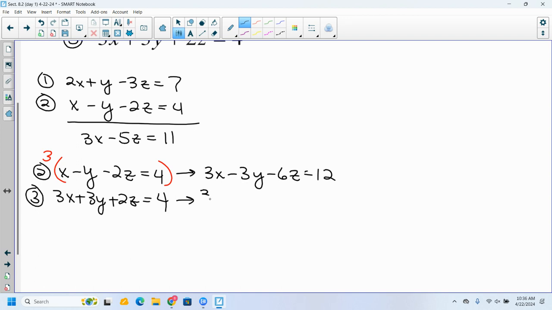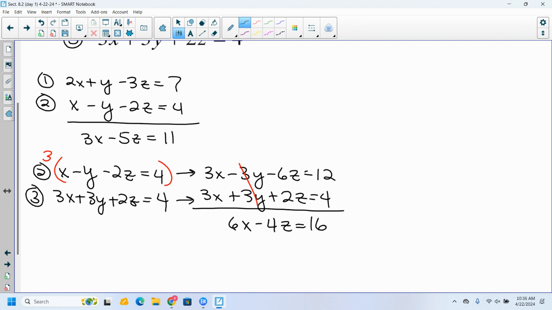And then 3x plus 3y plus 2z equals 4. My y's cancel, which is the whole point of it. And I get 6x minus 4z equals 16.